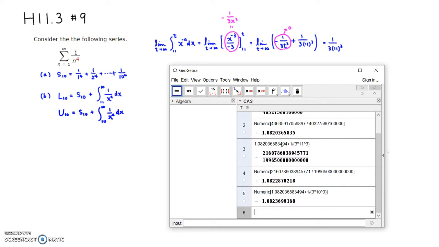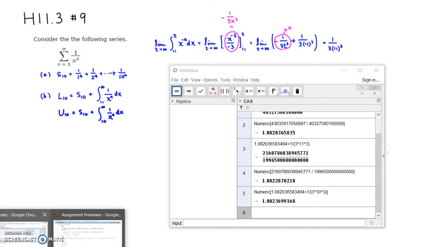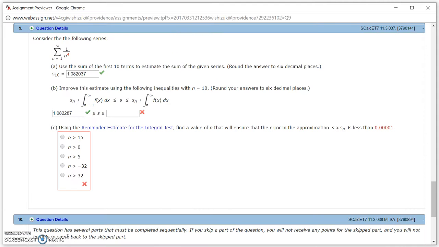So we get 1.082370. Let's type it in. The upper bound we got was 1.082370.